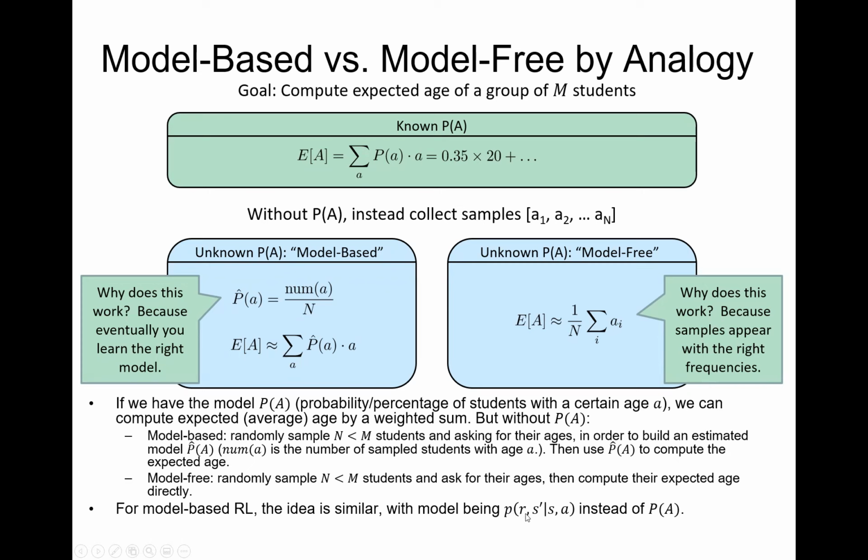So the MDP model plays the role of the capital P. In the grid world example, you learn the MDP model first, and then do planning as we did earlier, or you directly learn a value function or the policy from data without learning the MDP model first.